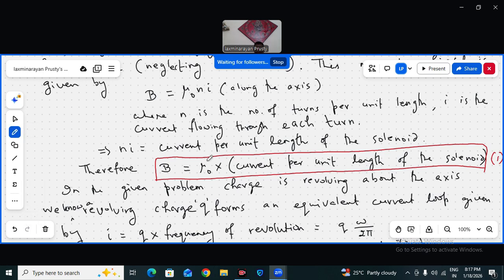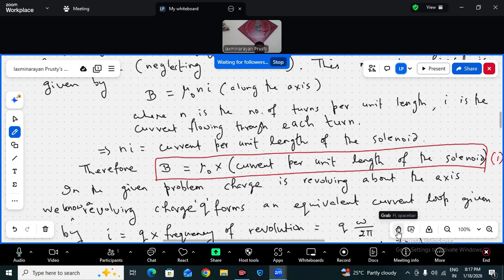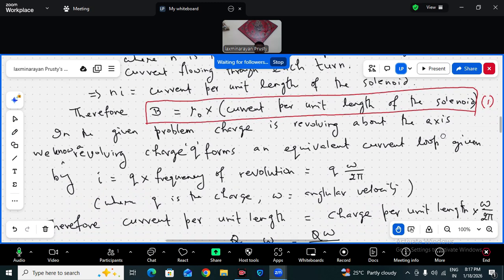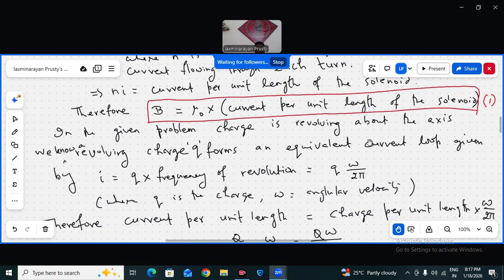Therefore B I can write as mu naught into current per unit length of the solenoid. This is a more fundamental expression. Okay. So in the given problem, charge is revolving around the axis.